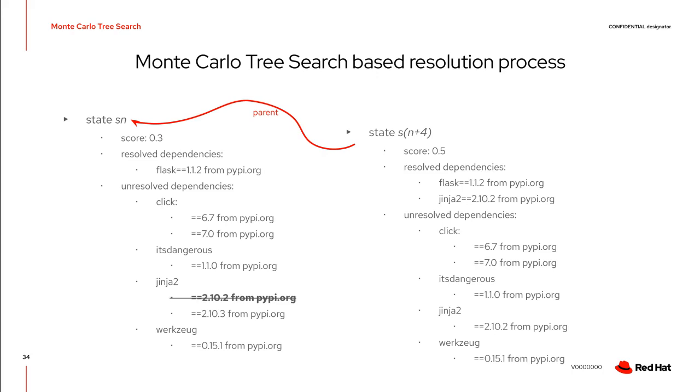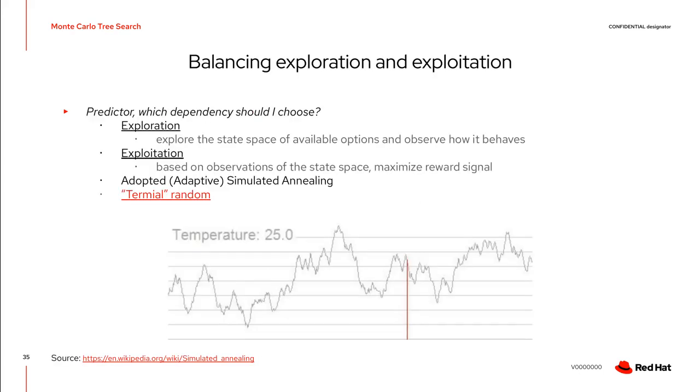I already said that we had to adjust Monte Carlo Tree Search, and that adjustment lies in balancing exploration and exploitation. These are two terms. If we want to observe the state space, like how it behaves when we resolve certain packages, then we do exploration.